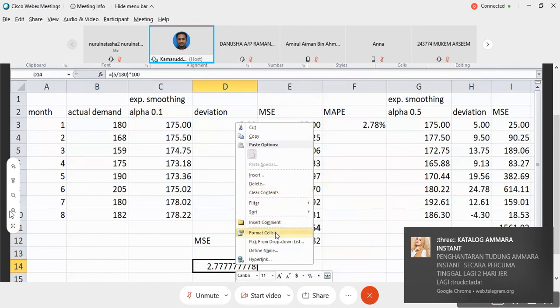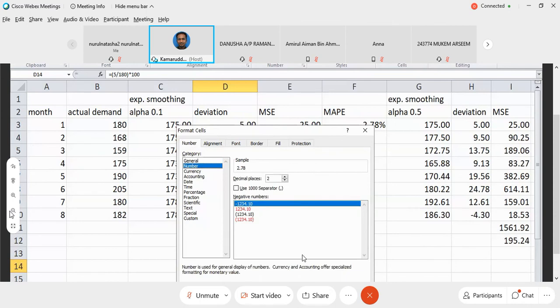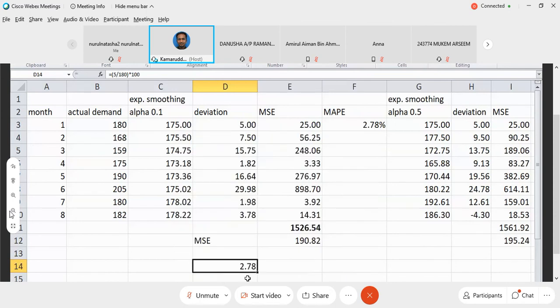Saya akan set titik perpuluhan dengan nilai 2 titik perpuluhan. Jadi kita dapat samalah 2.78. Boleh ya?